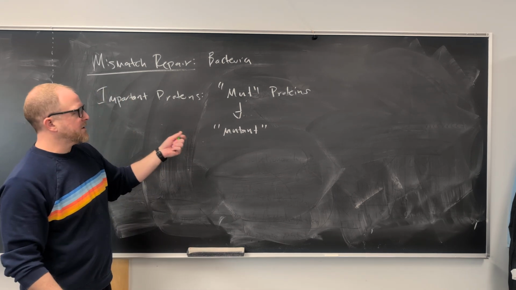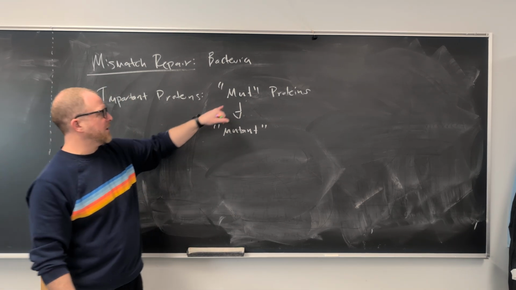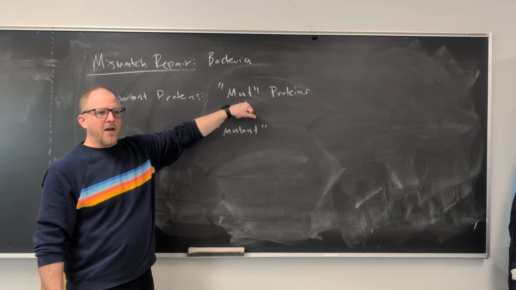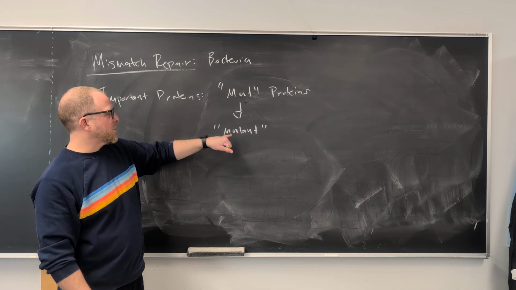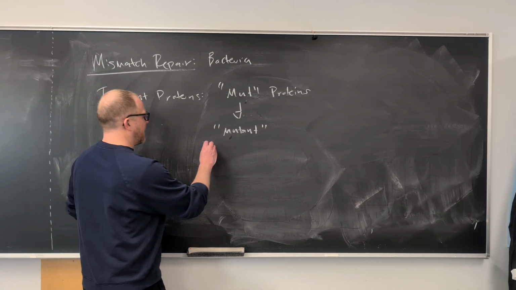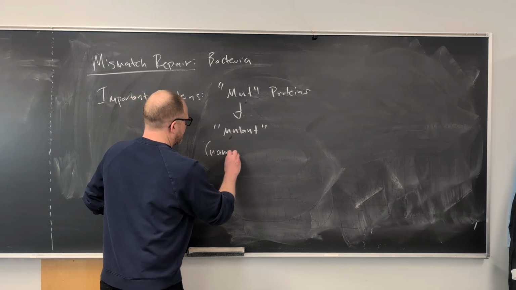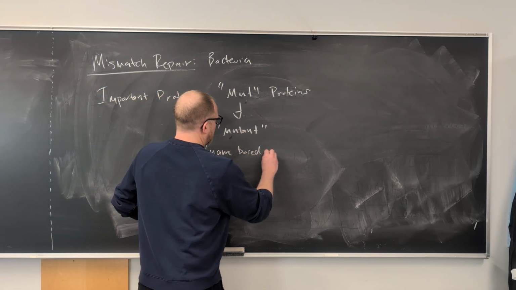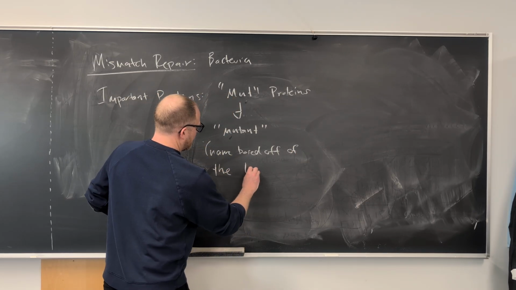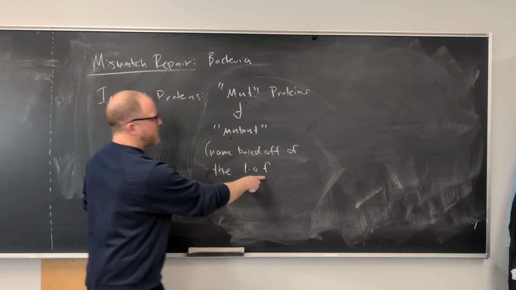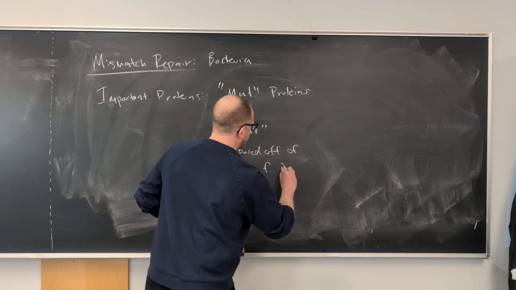People studying bacteria were able to eliminate the function of these Mut proteins, and they found that there was an increase in mutations in these bacteria, which is why they got this name mutant. So this is a name based off of the loss of function phenotype.